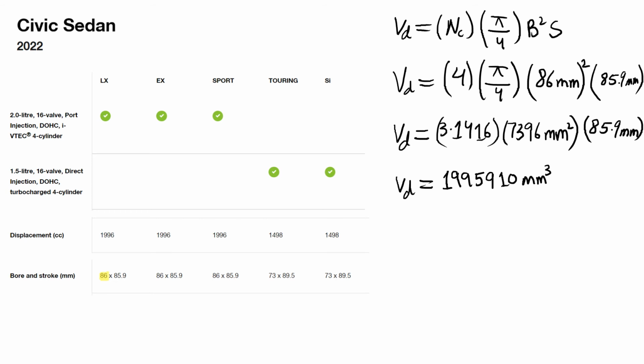Now this is in millimeters cubed, but what we usually find on the cars or on their websites is in liters. So in order to convert cubic millimeters into liters, we just simply divide this by 1 million.